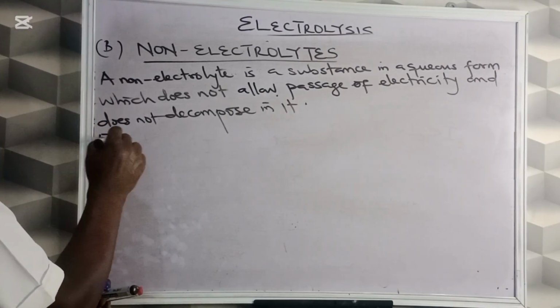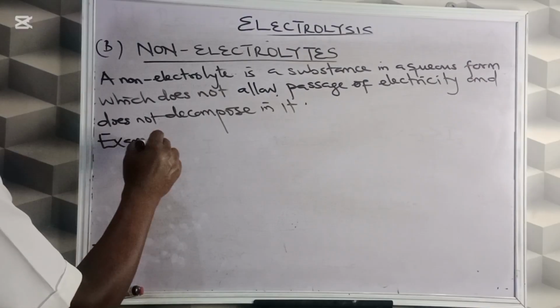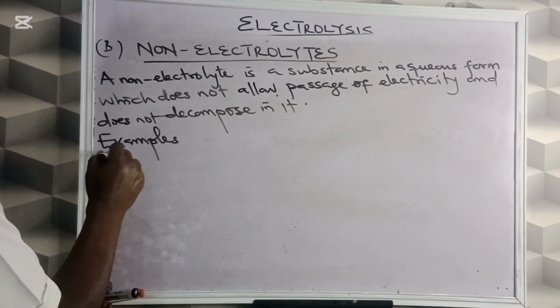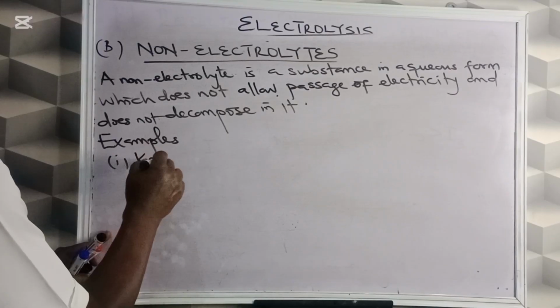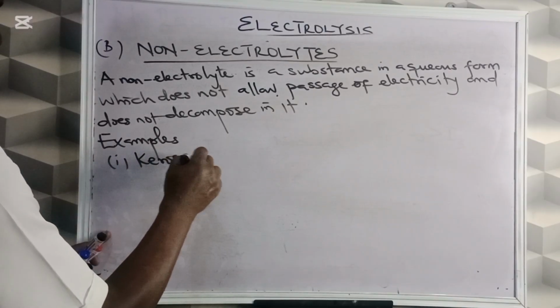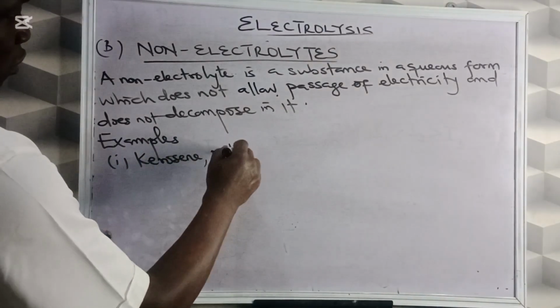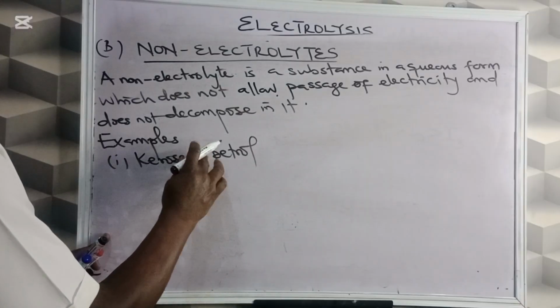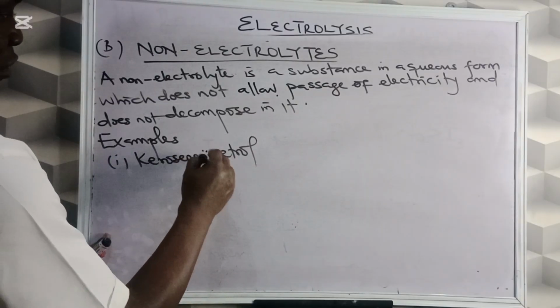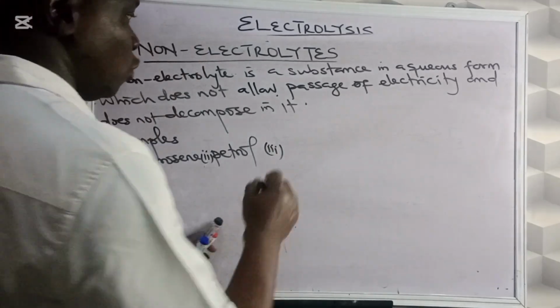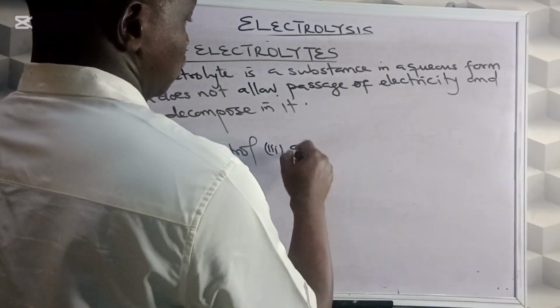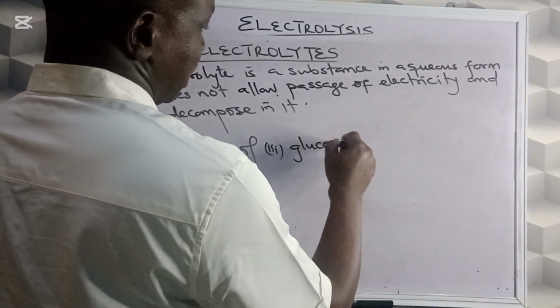Examples of non-electrolytes: kerosene is a non-electrolyte. Petrol, non-electrolyte. Glucose, non-electrolyte.